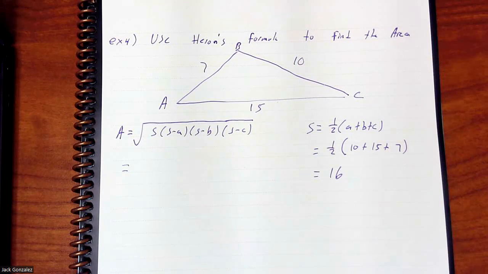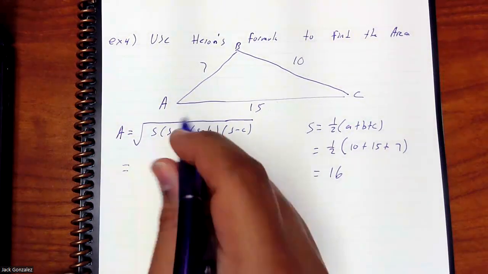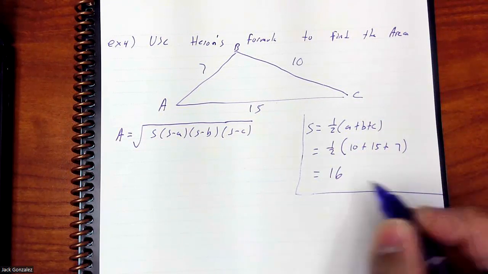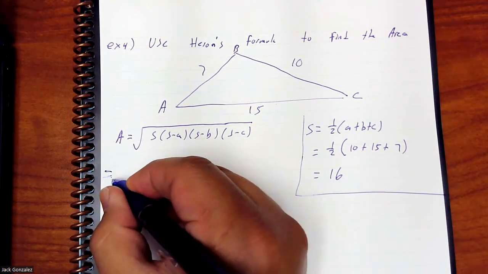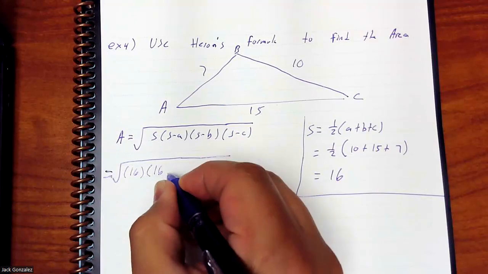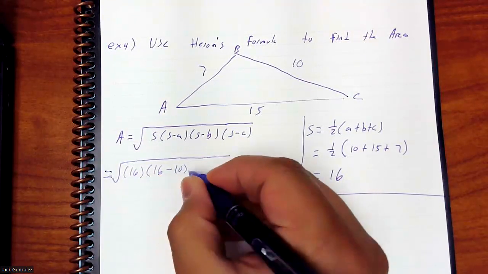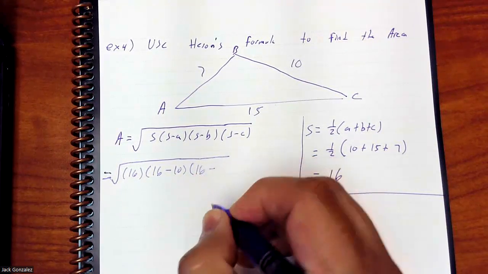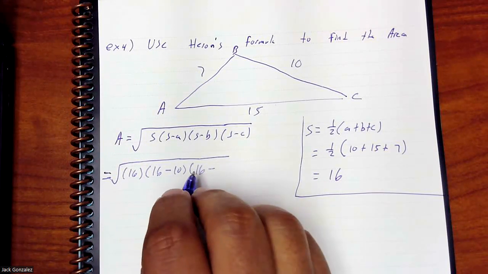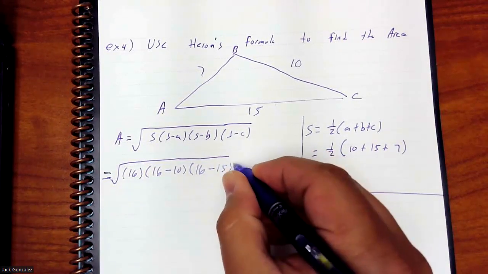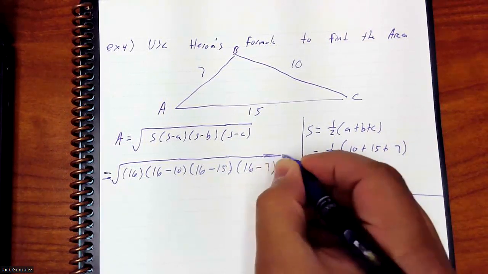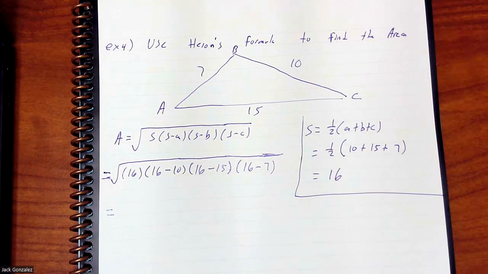So at that point, just plug everything in and you're good. So this would equal the square root of 16 times 16 minus 10 times 16 minus B is 15 times 16 minus 7. The order doesn't matter, I'm just trying to be consistent.